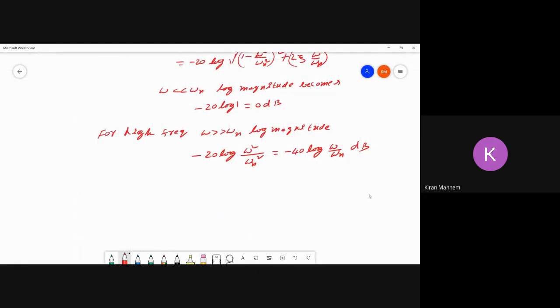So that is minus 40 dB per decade. You must remember this value. The slope would be 40 dB per decade. Now the phase angle. I'll write it here.